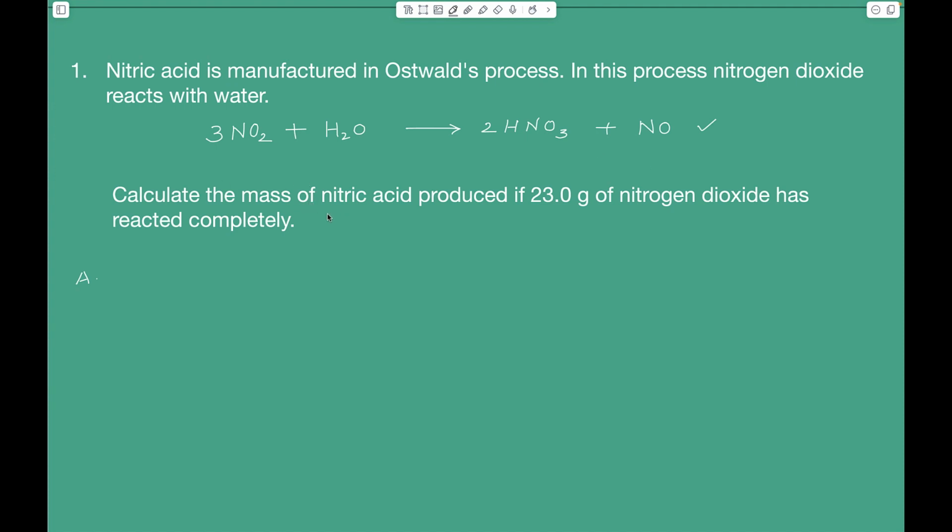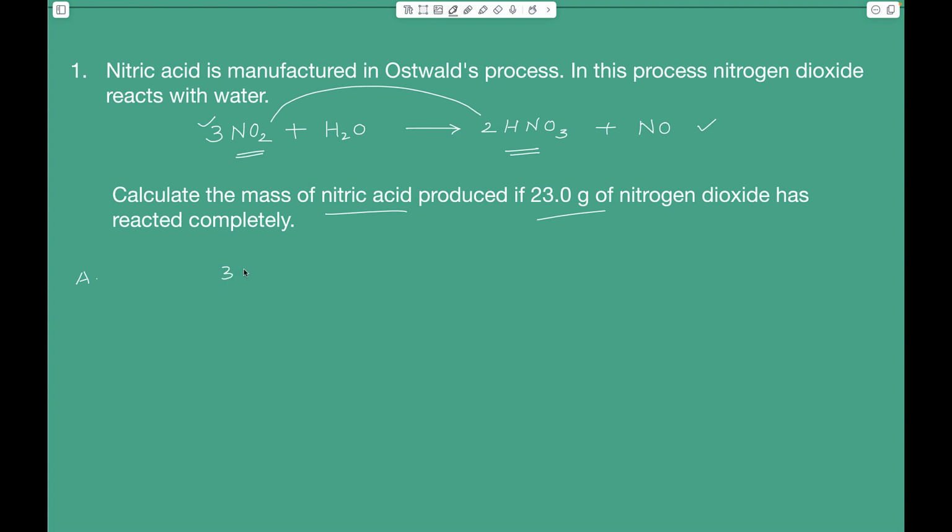And we have to calculate the mass of nitric acid produced from 23 grams of nitrogen dioxide. So we are given the mass of nitrogen dioxide. We have to figure out the mass of nitric acid. Can we answer this question? I think we can, provided we know how to obtain a relation between the mass of nitrogen dioxide and nitric acid using this equation. If we can do that, we can answer this question.